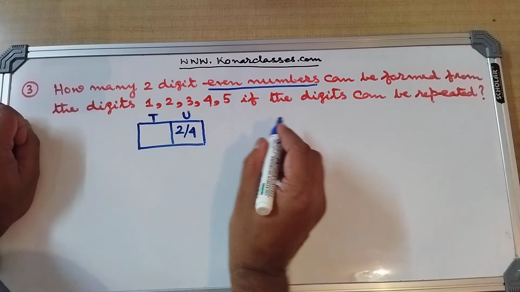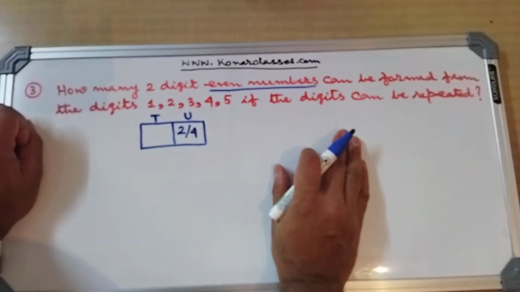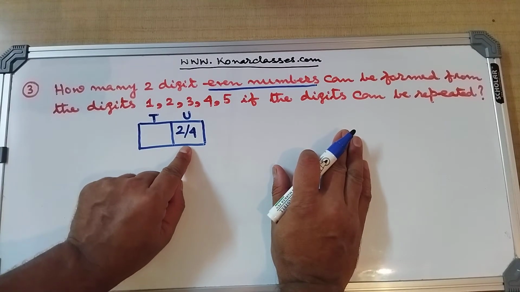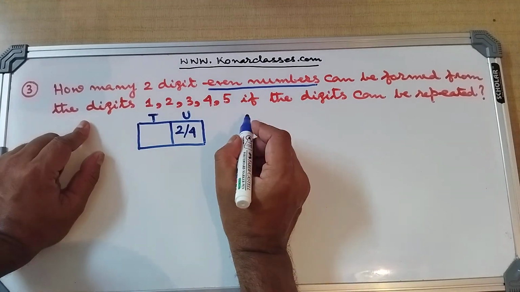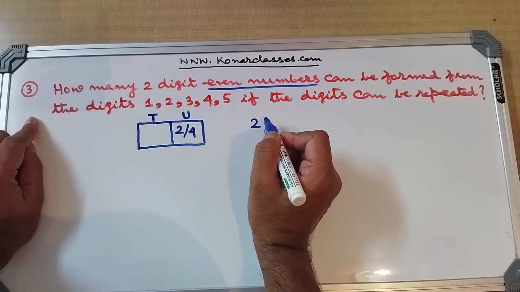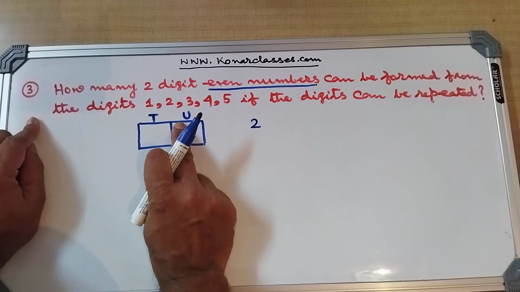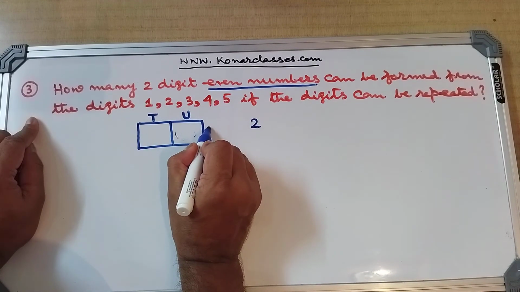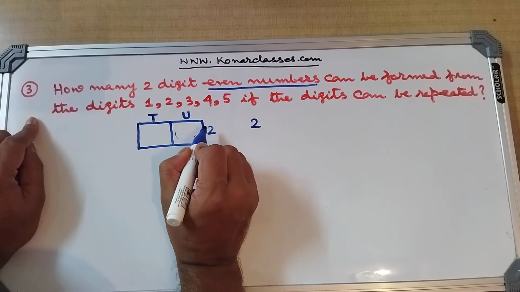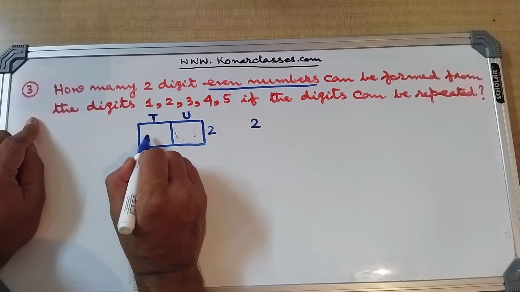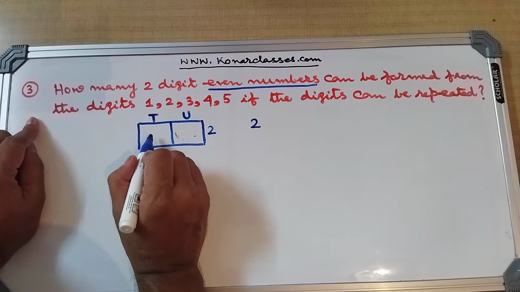Correct or not? So what we see is that this particular units place can be filled in 2 different ways, either by 2 or by 4.